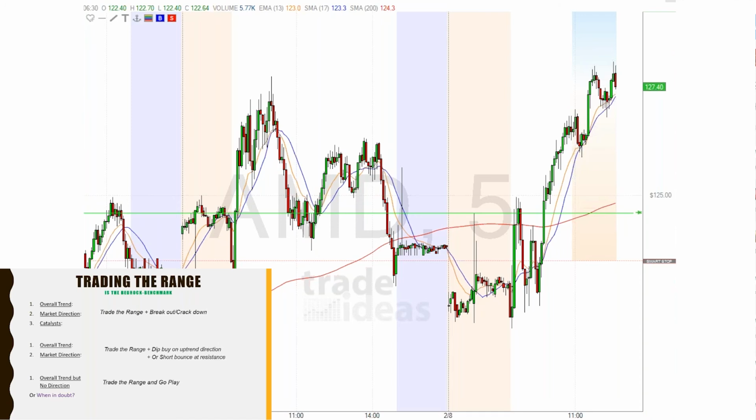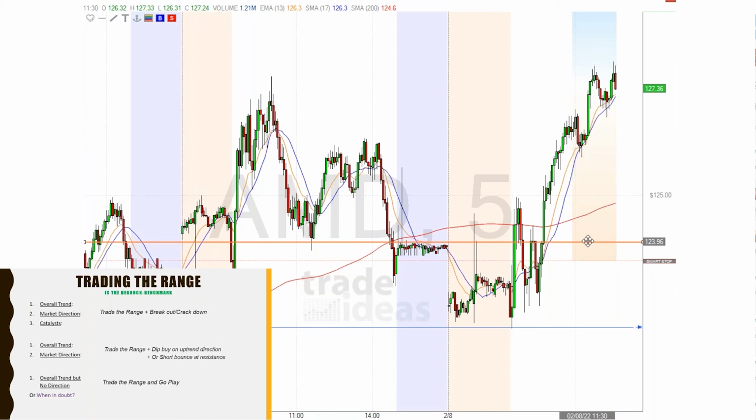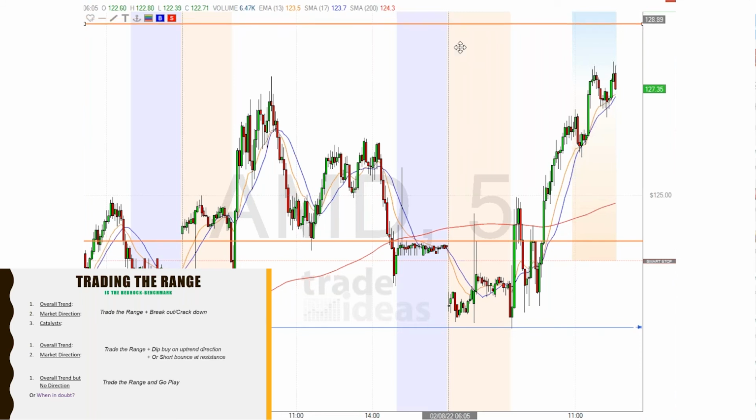So if we go below 120, 150, it traded down to 120. So we got 120, 122, almost to the T here, folks. And then we got 124 right there, okay? And then we got the 125 as a buffer zone.